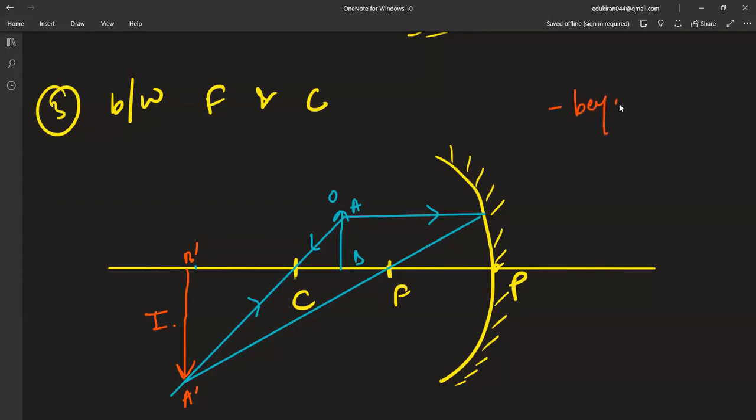Secondly, what about the size? That time the size was decreasing, then it became equal at the center of curvature. Now the size is enlarged as compared to the object size. It's a real image, properly formed in front of the mirror, and it is inverted.